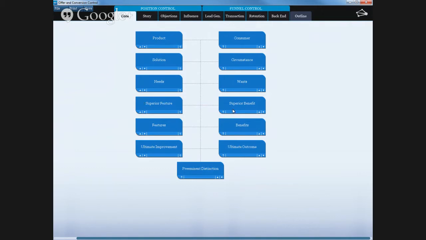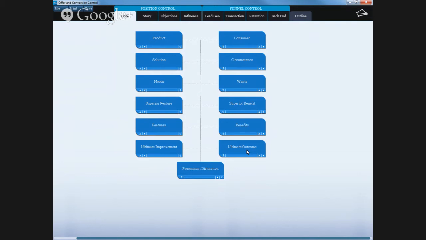We had the spirit feature, spirit benefit. We want to go with ultimate improvement, ultimate outcome, to keep that symmetry within the software. And we felt that the name ultimate outcome is much more on the nose in terms of what you're supposed to be looking for in terms of your product, as opposed to promised land, which is a little more.